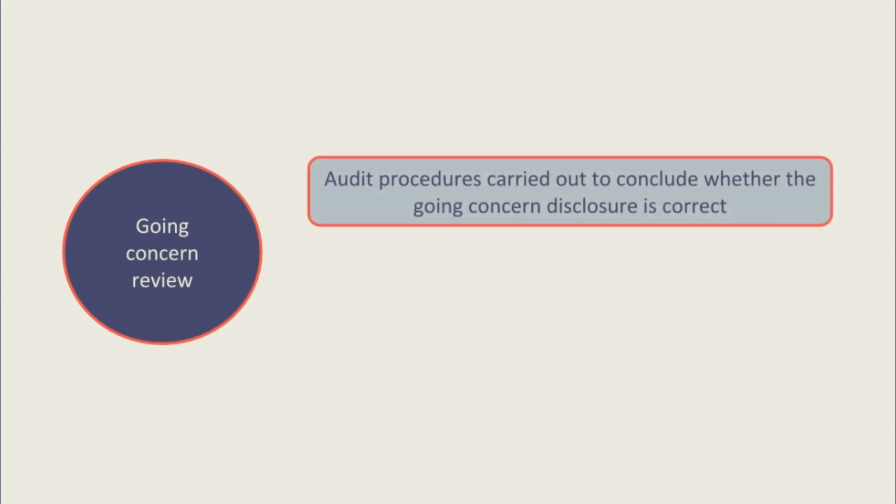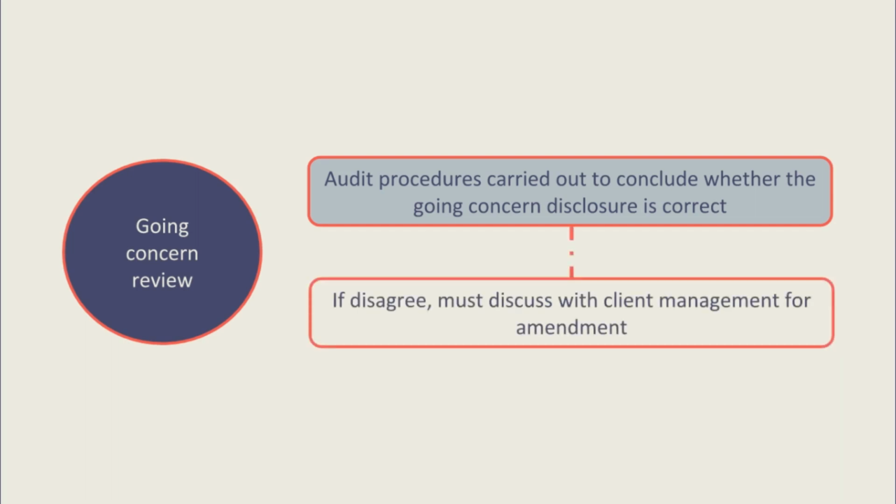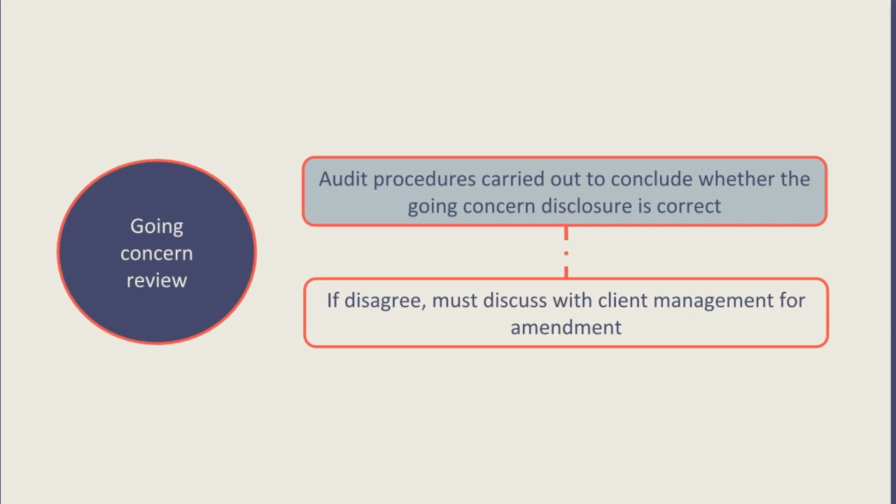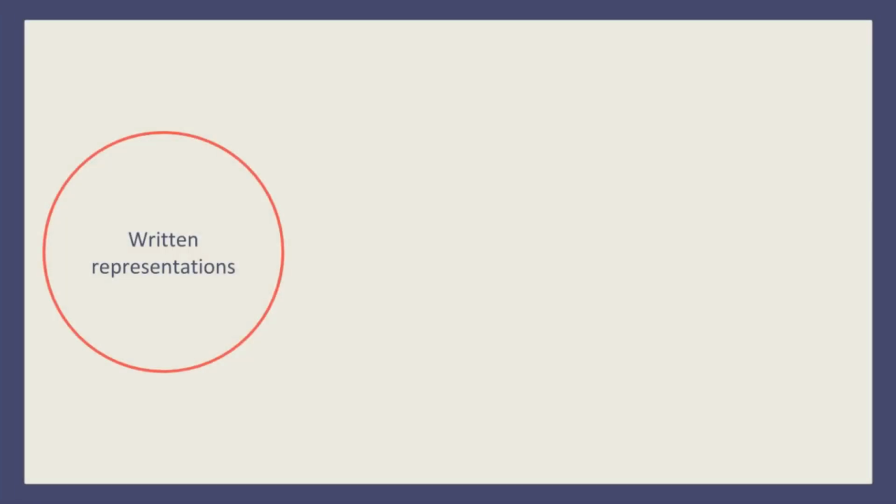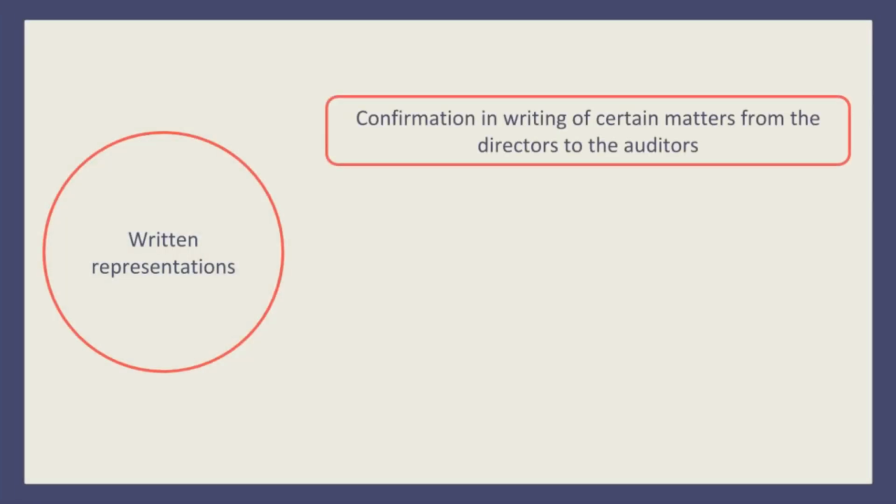The going concern review is another process the auditor must follow at the completion stage. Audit procedures must be carried out to assess whether the going concern status of the entity is disclosed correctly within the financial statements. If the auditor disagrees with the going concern disclosure or lack of it within the financial statements, discussions must be made with the client to recommend amendment. Written representations are written confirmation of matters from the directors of the entity to the auditors.